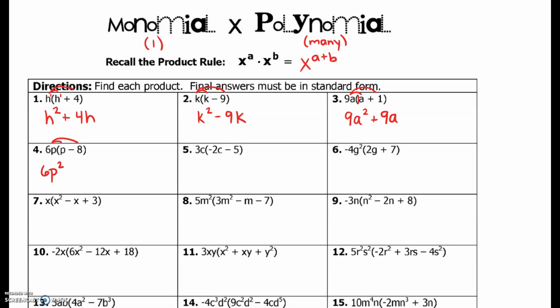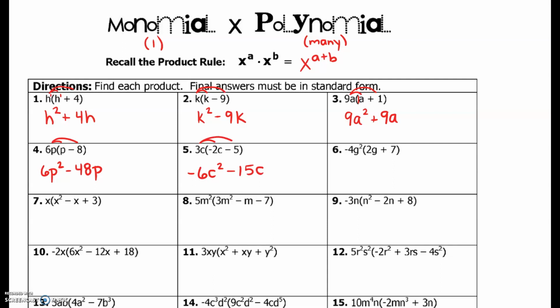And 6p times negative 8 is negative 48p. You'll notice again I'm multiplying the coefficients, the numbers, and you include the variable, or if there's more than one, make sure you add them together. 3c times negative 2c would be negative 6c to the second power, and 3c times negative 5 is negative 15c.